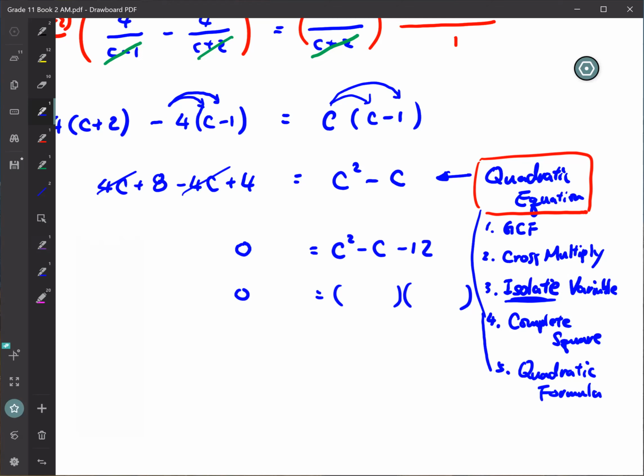Got it? C take away 4 and C plus 3. Okay, C take away 4, C plus 3.